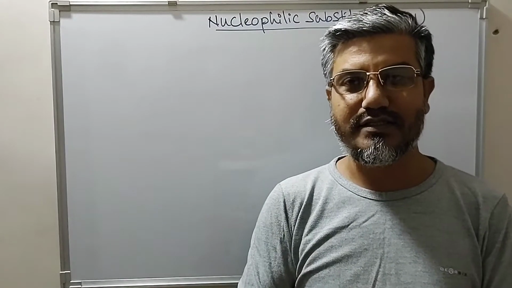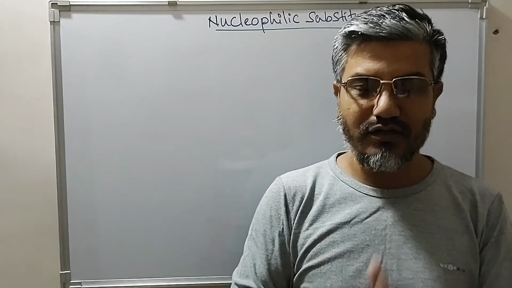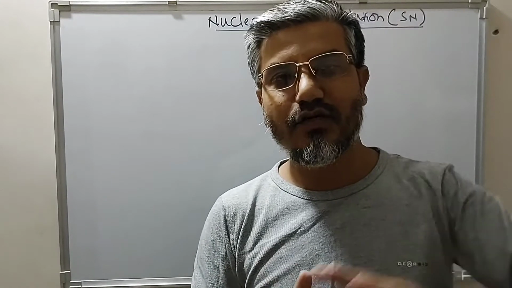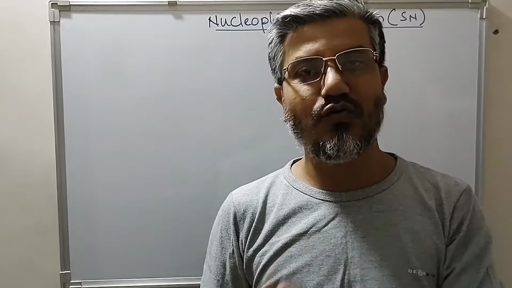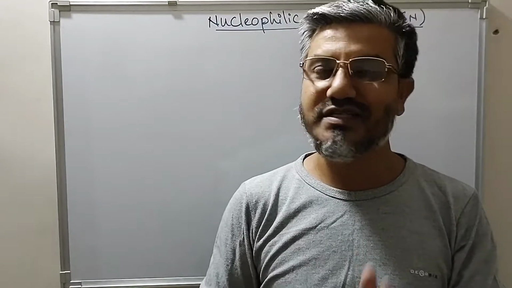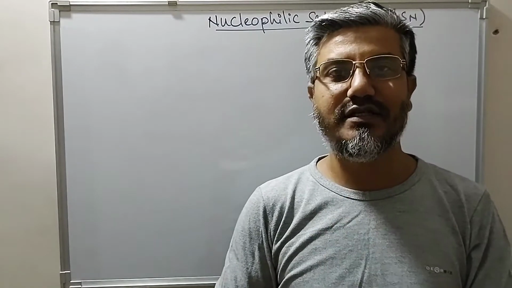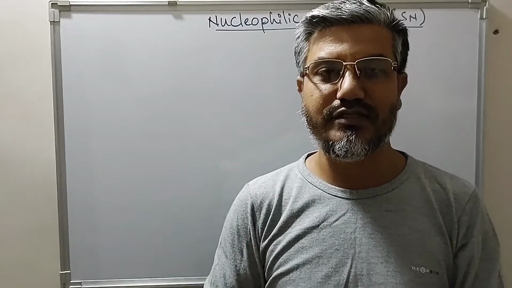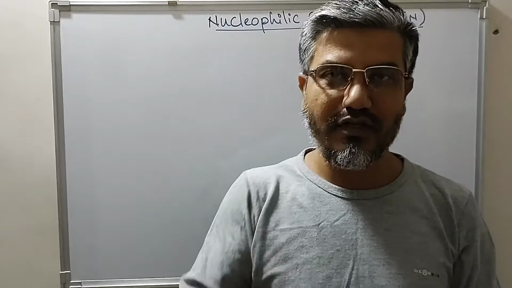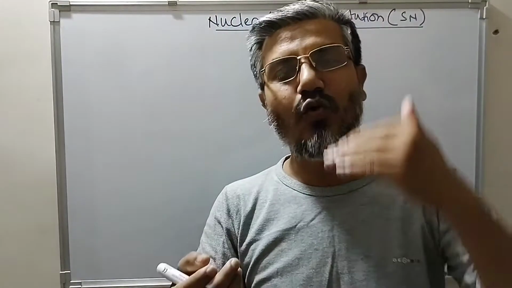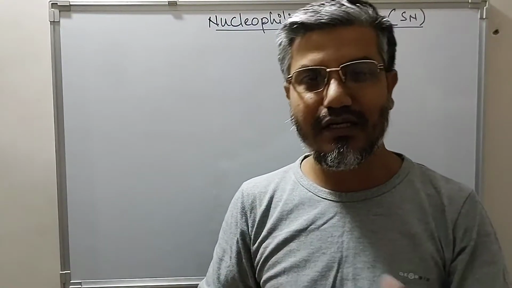The only thing is, under a given set of conditions, the quantity of substitution may increase and the quantity of elimination may be suppressed. If with the same reactant and same reagent the reaction conditions are changed, then the quantity of elimination may increase and the quantity of substitution may decrease.